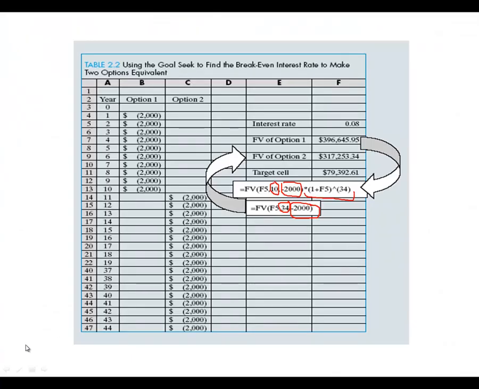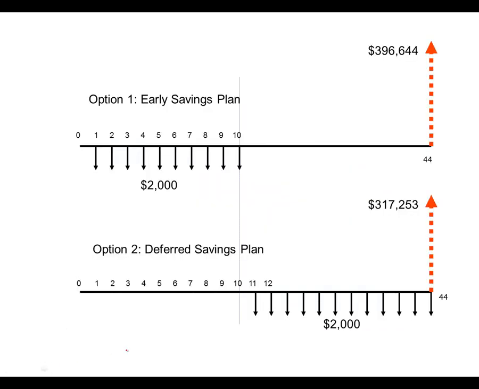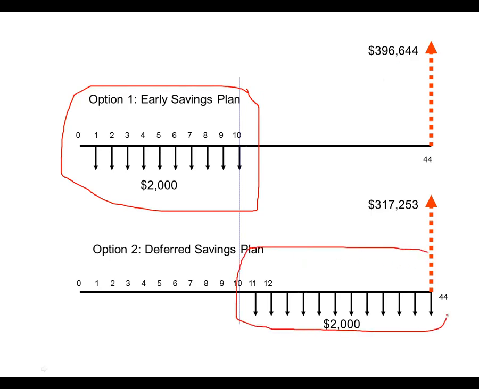So going back to our slides, we can see that with 8% interest, we would prefer to do early savings and get 80,000 more than do deferred savings and get 80,000 less.